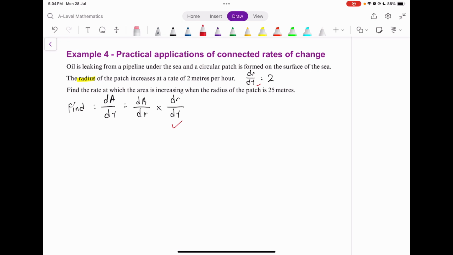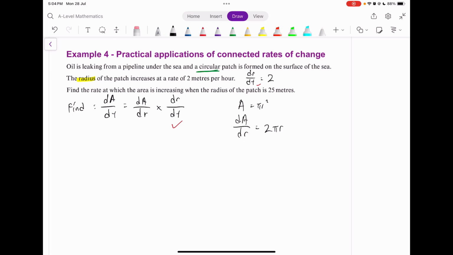Now, here's the fun thing. 它有讲这一个是 circular patch. So in that case, 我们的 area of a circle is equals to pi r squared. So hence dA over dr is equals to 2 pi r.